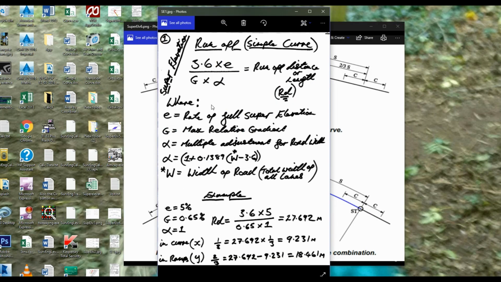Oh yeah, and this bit here, this proportional sign, this is to do with the road width. So basically, however many lanes you've got, you would put that into this calculation here, and that would give you a value to go in there. So say for instance, I was only using metric, my lane widths are 3.6.